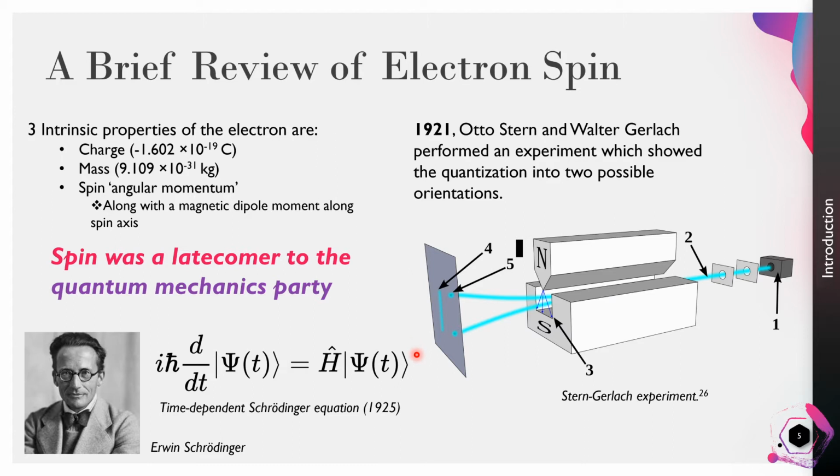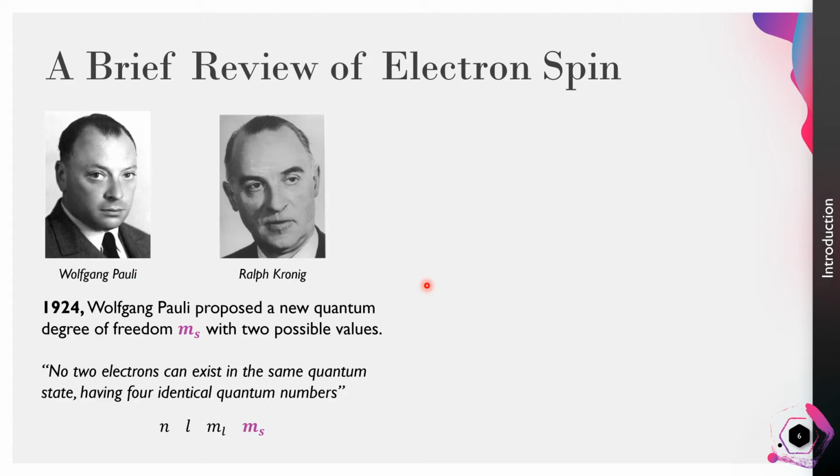Another experimental mystery was the fine structure of the hydrogen emission spectra, where we saw some splitting under magnetic fields. This was also not accounted for by the Schrödinger equation. So in 1924, Wolfgang Pauli proposed a new quantum degree of freedom, ms, with two possible values, and he stated that no two electrons can have the same four identical quantum numbers.